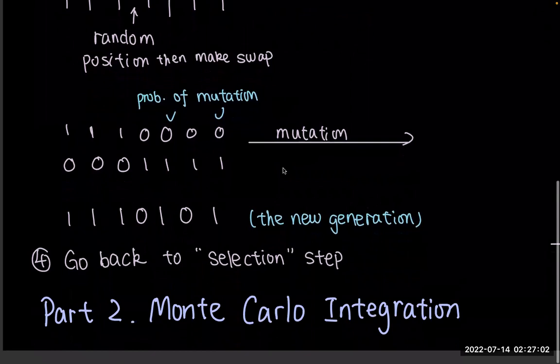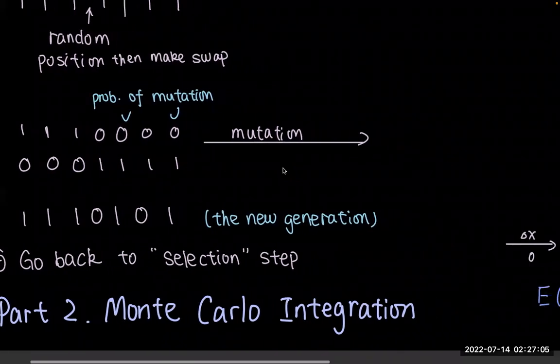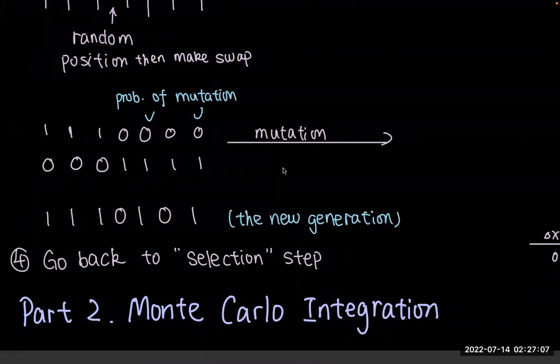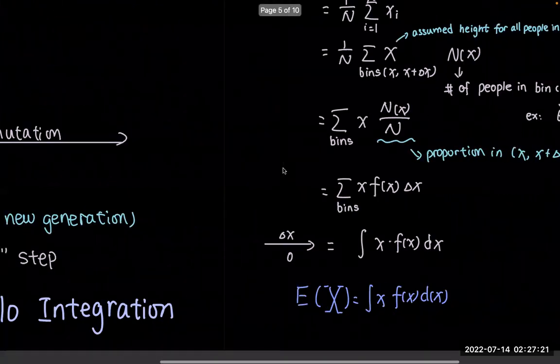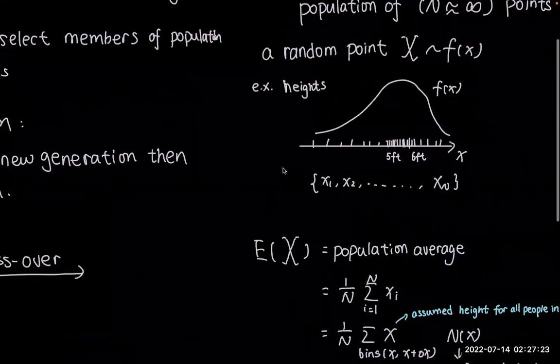Okay, so now I think we are ready to study the second part, the Monte Carlo integration. In fact, the reason that randomness works in Monte Carlo integration also underlies why random exploration works in Monte Carlo optimization. Okay, so let's think about this Monte Carlo integration.